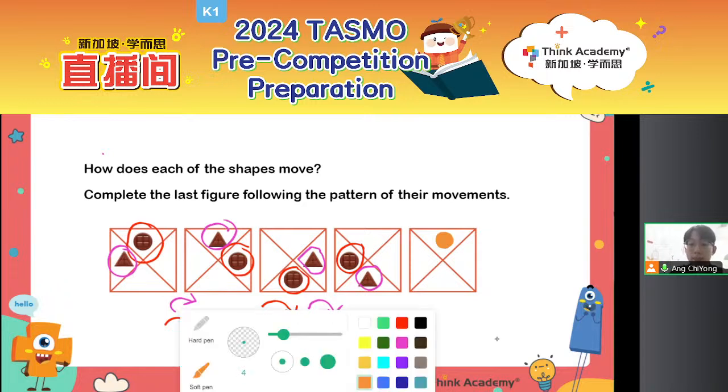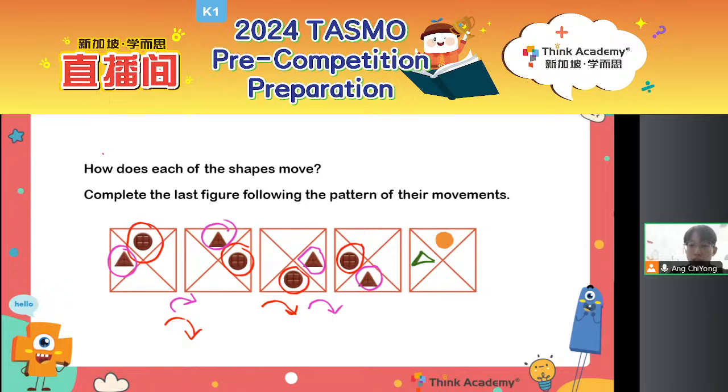Triangle is always behind the circle. Let's do a green chocolate here. This is a matcha chocolate. The triangle one is always following behind. Or if you want to focus on the triangle first, you can see it's on the left, the top, the right, the bottom. After this, you always go to the left side.